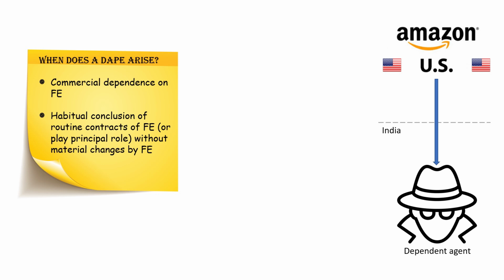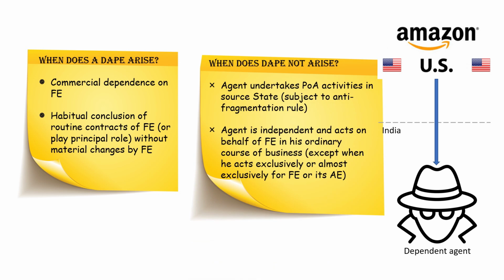Such contracts are routinely concluded without material modification by the foreign enterprise in its name, contract being for rendering services or transfer of ownership, granting the right to use or lease of a property of such foreign enterprise.